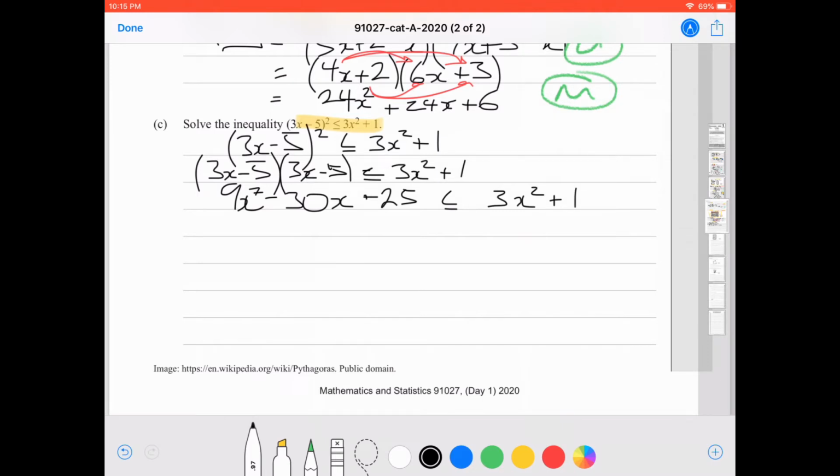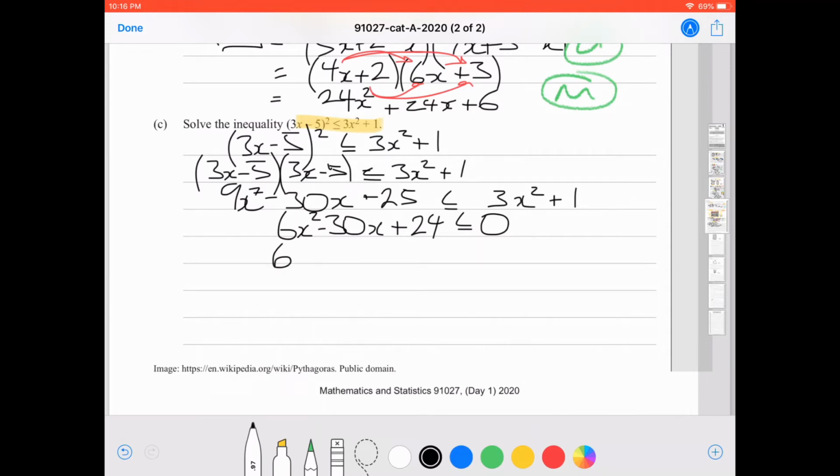Taking everything to one side, I'm going to take the 3x squared plus 1 to the left-hand side, simply because having a positive value for the x squared term is just preferable. So 6x squared minus 30x, and then 25 minus 1 is positive 24. And this is less than or equal to 0. Again, I remind you, always look for a common factor.